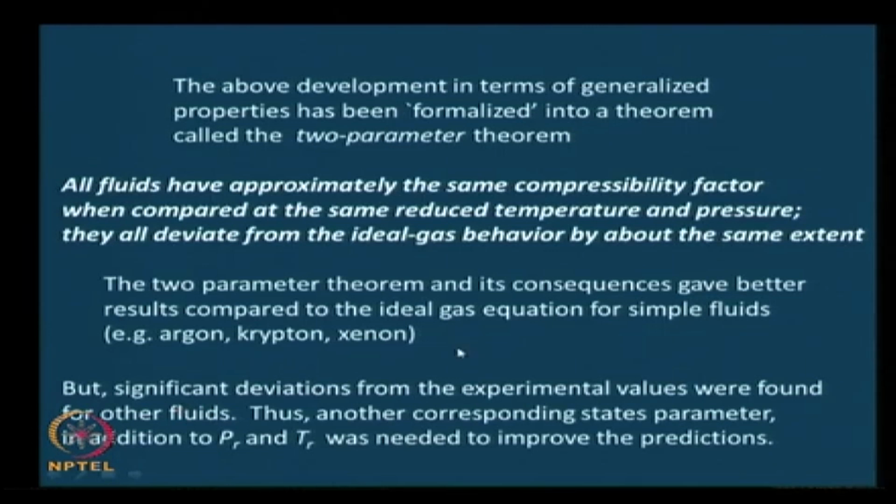Significant deviations from experimental values were found for fluids other than these so called simple fluids such as argon, krypton, xenon. The way to handle that was to bring in another corresponding states parameter in addition to the reduced pressure and reduced temperature. Now you can see why this is called the corresponding states parameter.